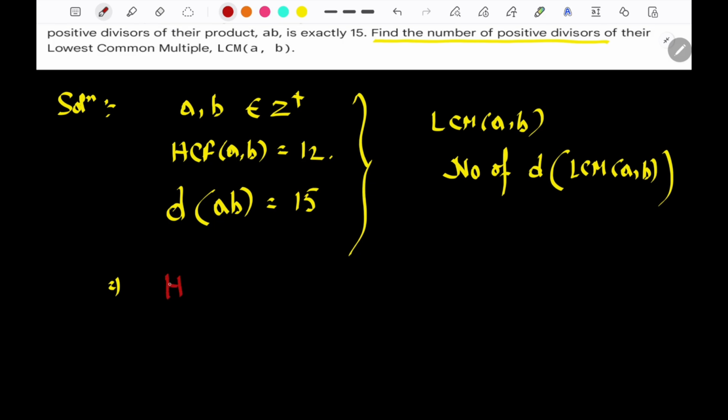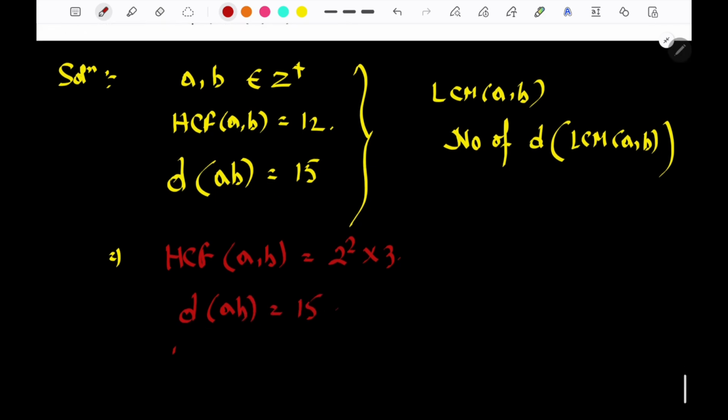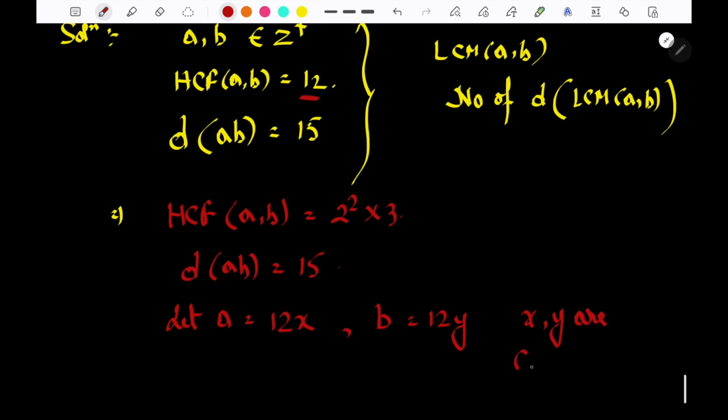Okay, so first let's simplify. The HCF of A, B is written as 12. 12 can be written as 4 into 3, that is 2 square into 3. Done. Now D of AB is 15. Now A and B can be written in terms of 12. How? A is 12x, B is 12y, where x, y are co-prime positive integers.